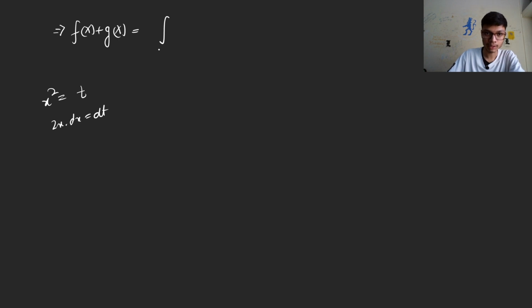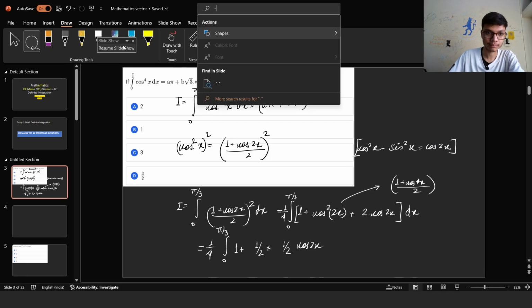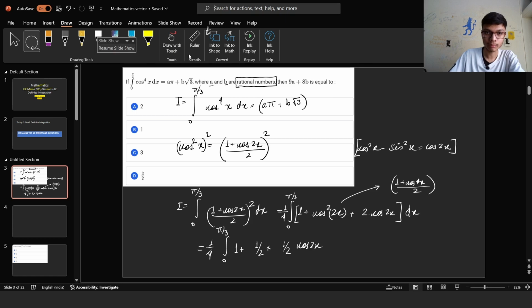The left hand side is going to come out as f of x plus g of x within some particular integrating limits. And if I replace x square with some value t, then 2 times x dx is basically dt, and that is going to be 0 to root alpha of e to the power minus t.